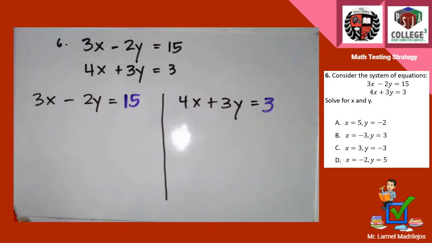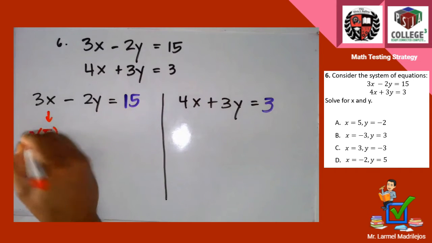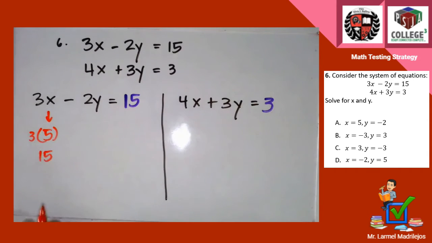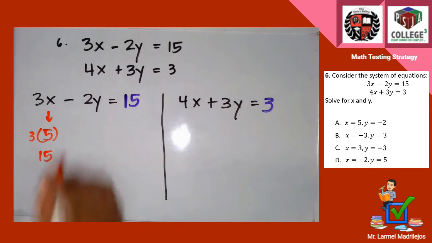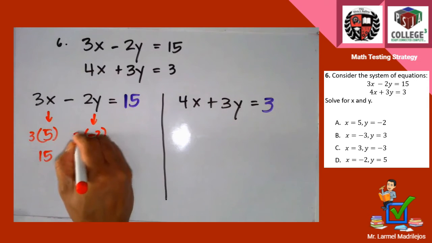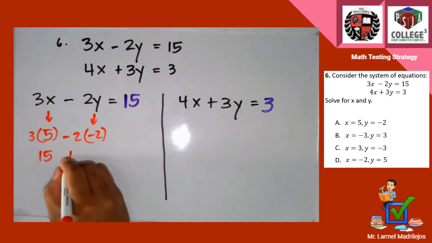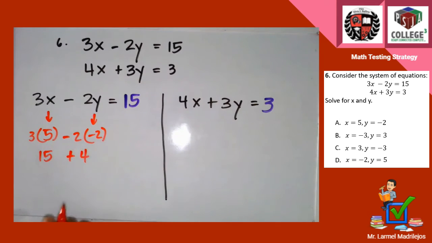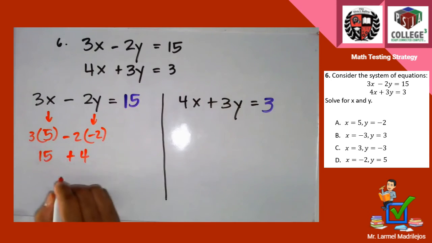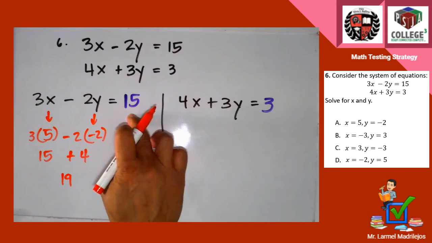Choice A, when x is equal to 5 times 3, it's 15. And y is equal to negative 2 times 2. Negative 2 times negative 2, it's plus 4. So 15 plus 4 is 19. It doesn't match this number here.